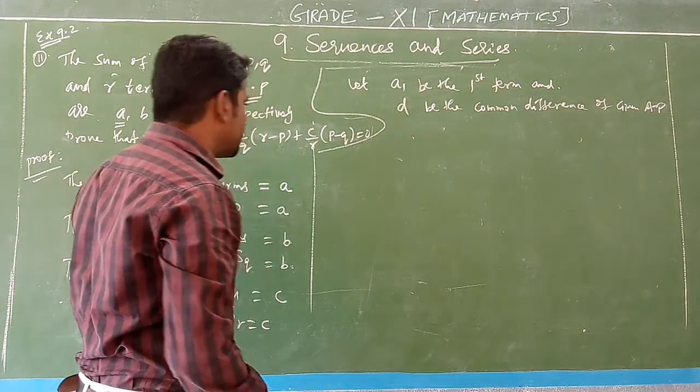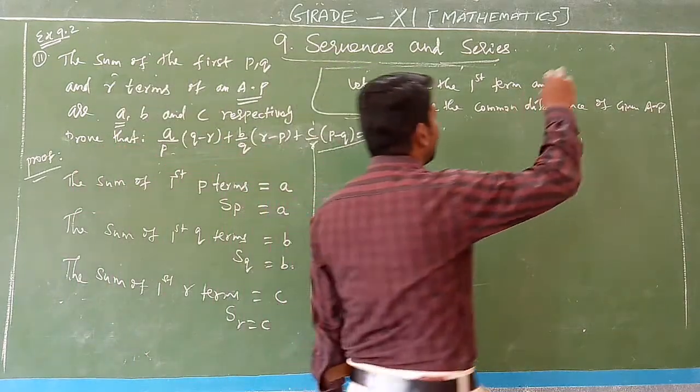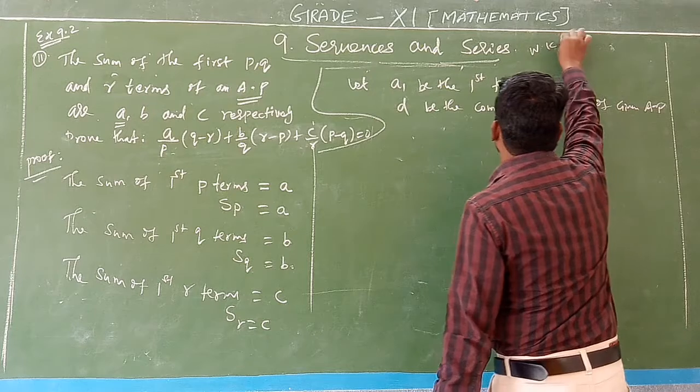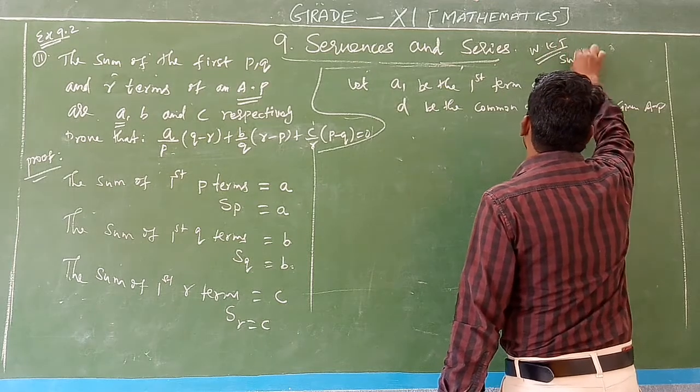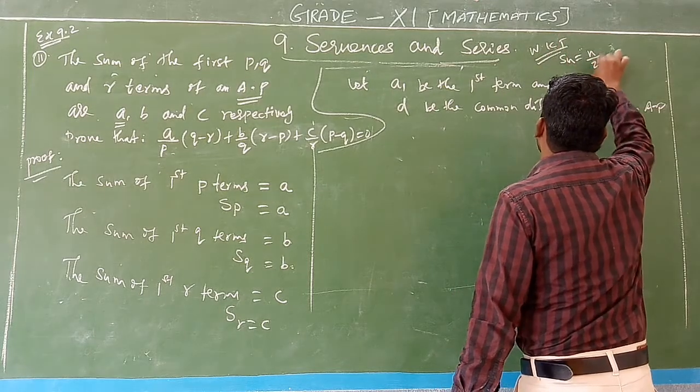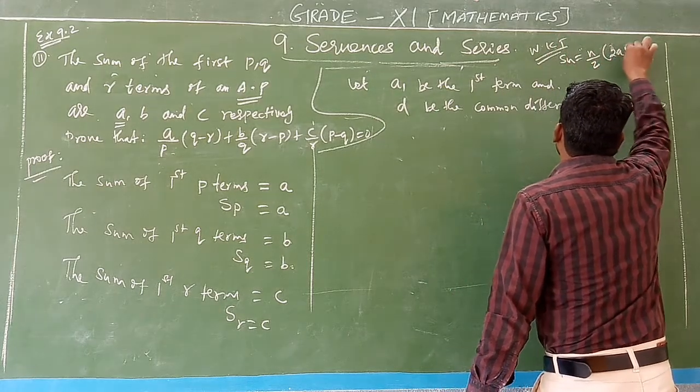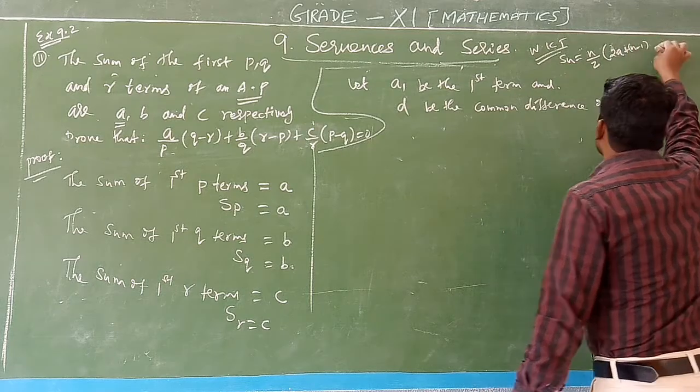We know that the sum of the first n terms formula is Sn equals n by 2 of (2a plus (n minus 1) into d).